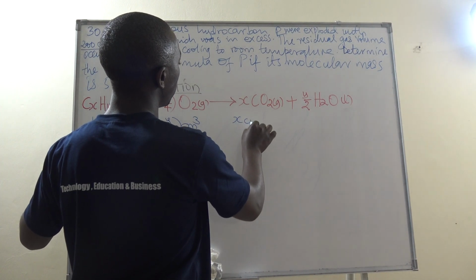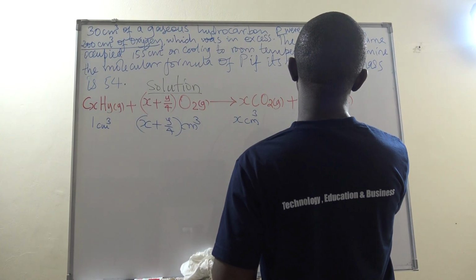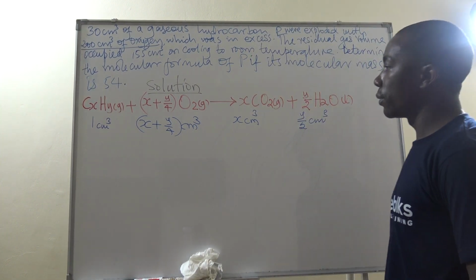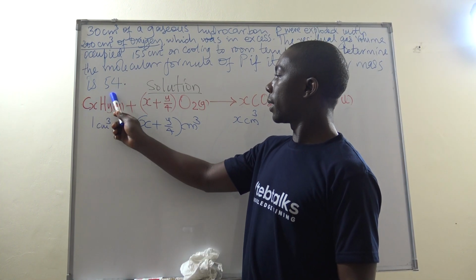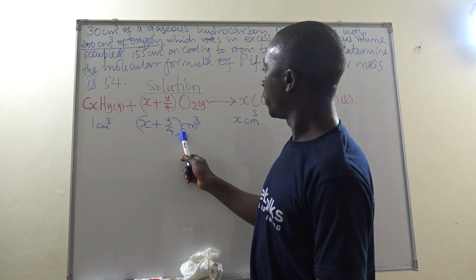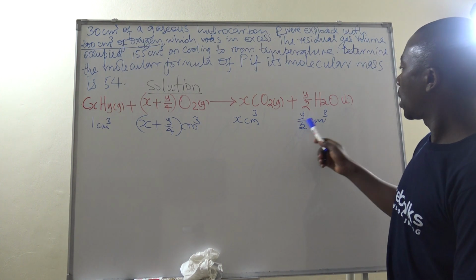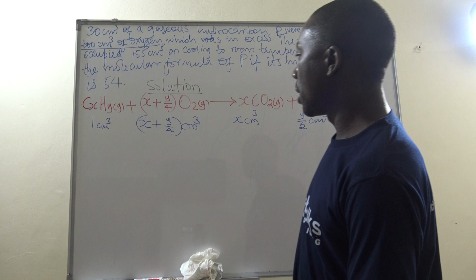This is x cubic centimeter. This is y over 2 cubic centimeter. I'm obtaining that from mole ratio. So 1 cubic centimeter of the gaseous hydrocarbon P reacts with x plus y over 4 cubic centimeters of oxygen to form x cubic centimeters of carbon dioxide and y over 2 cubic centimeters of water.